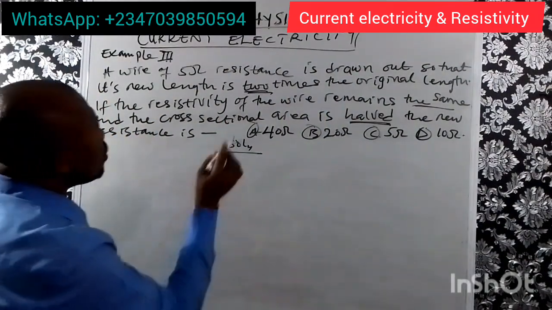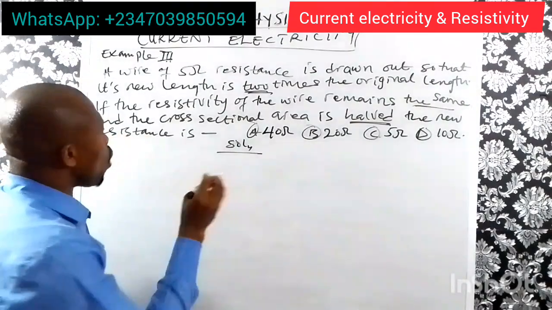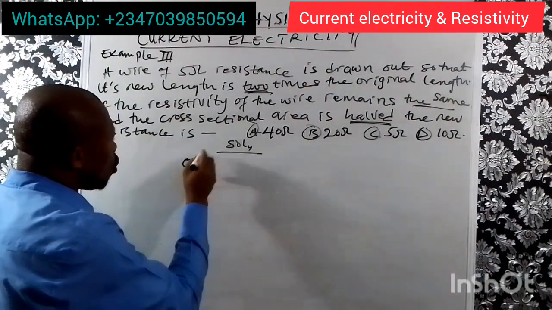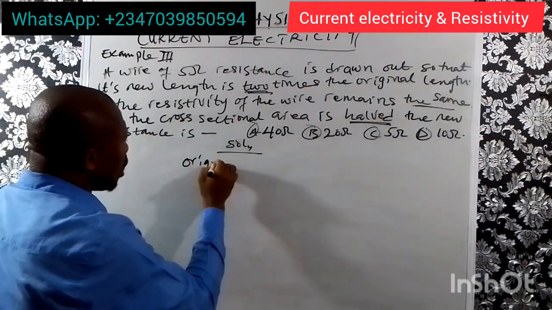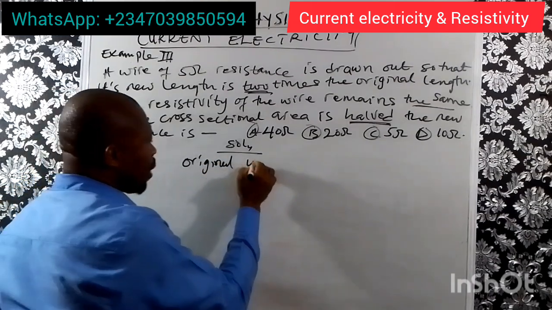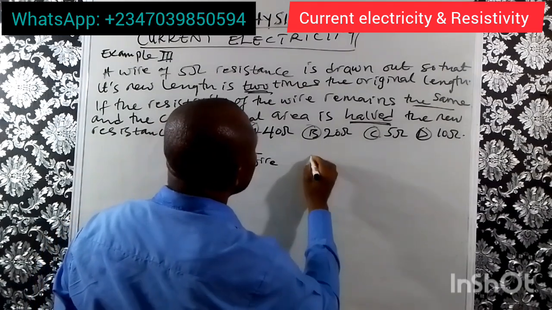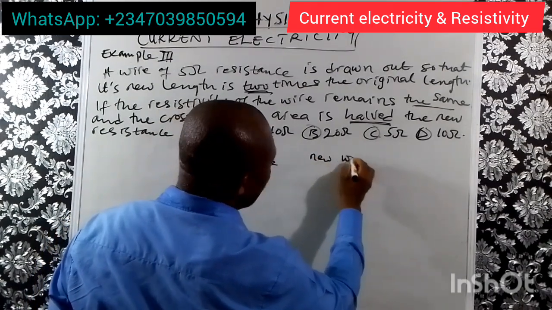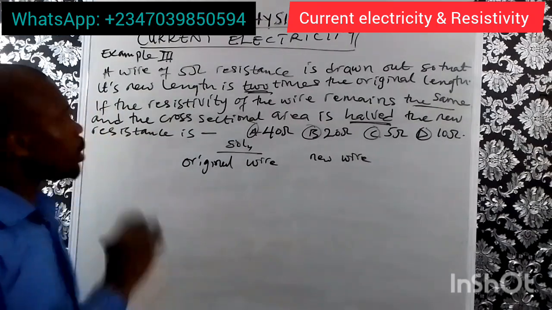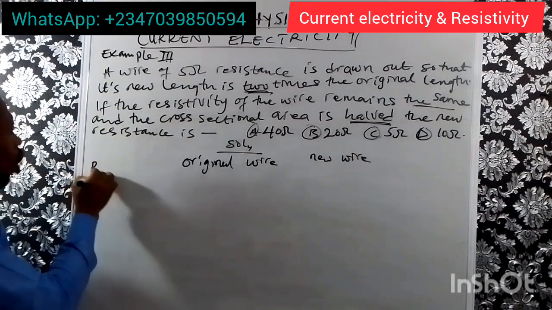So we have 2 different wires here. We have the original wire here, and we have the new wire here. Now we map out all these.